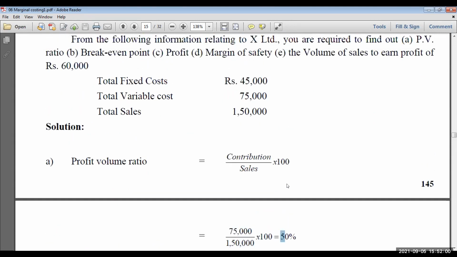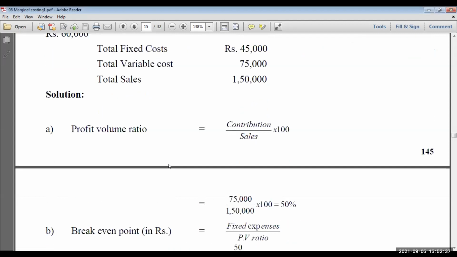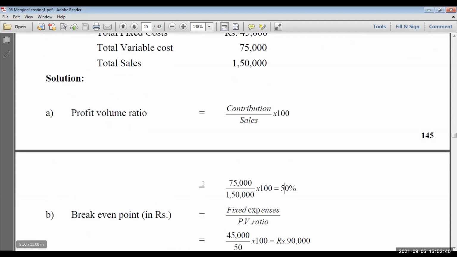Break-even point. So how much is the break-even point? 90,000. 90,000 rupees is the break-even point.